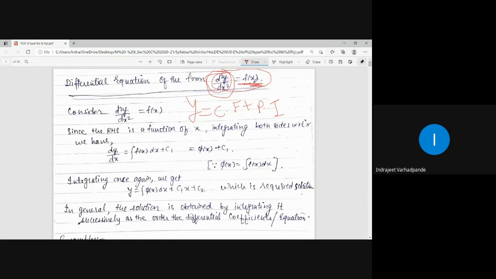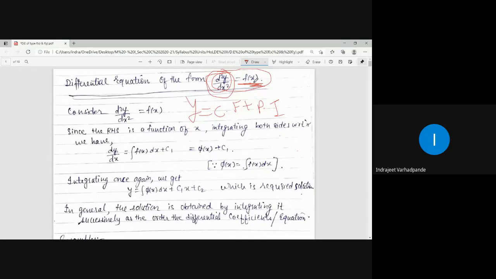It is not always mandatory that I will be dealing with the variables x and y. Whatever may be the variables used, we will be observing it from the given differential equation and identifying whether it is of the second order or not. LHS contains only the second order differential coefficient of the dependent variable. I will recognize the dependent variable as well as the independent variable.